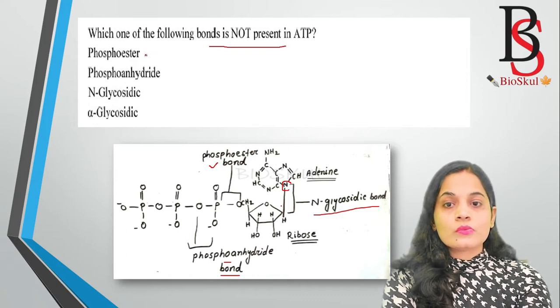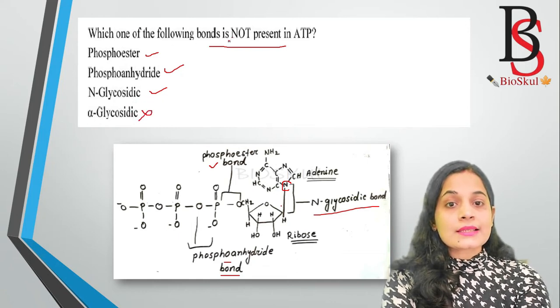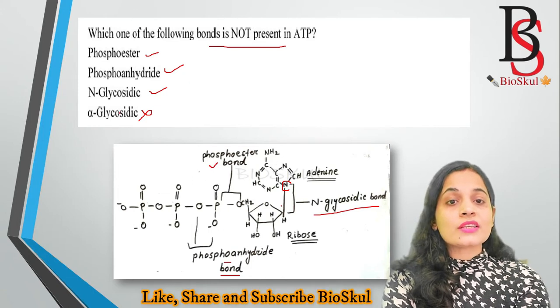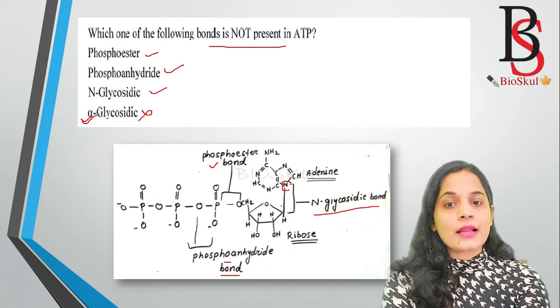So the phosphoester bond is present, the phosphoanhydride bond is present, the N-glycosidic bond is present, but the alpha glycosidic bond is not present. The question asks which bond is not present in ATP, so the correct answer is the alpha glycosidic bond.